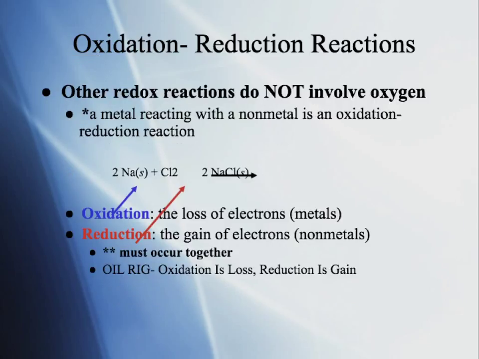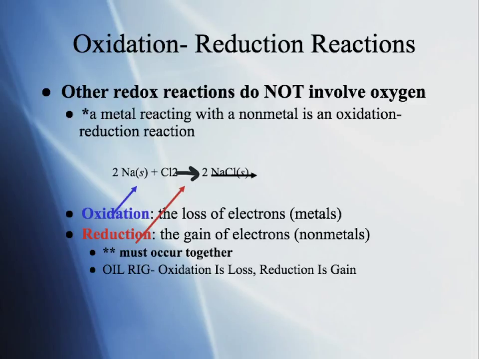All right, some oxidation reduction reactions do not involve oxygen. So if you don't see oxygen, but it doesn't fall under any other category, then consider looking at it through the scope of oxidation reduction reaction and see if it works. Usually if oxygen is not involved, then we have a metal reacting with a nonmetal to make some kind of product. So basically all metal nonmetals hooking up are called oxidation reduction reactions.